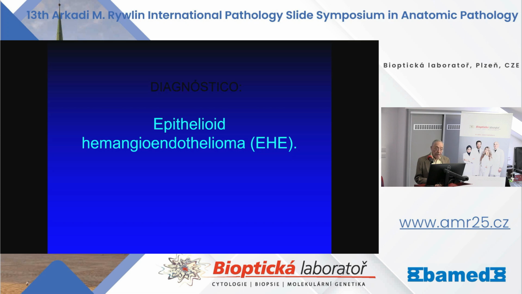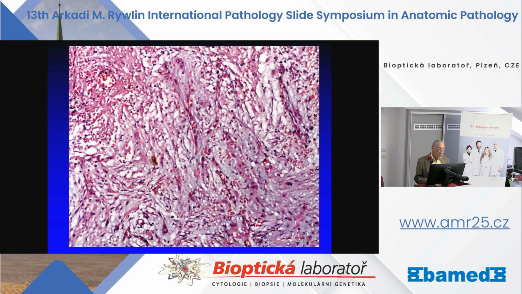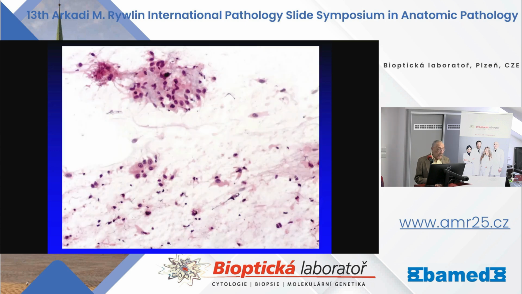Epithelioid hemangioendothelioma has this myxoid matrix with pseudoglandular structures, intracellular lumens, and stained for CD34. This is the cytology of the same lesion.